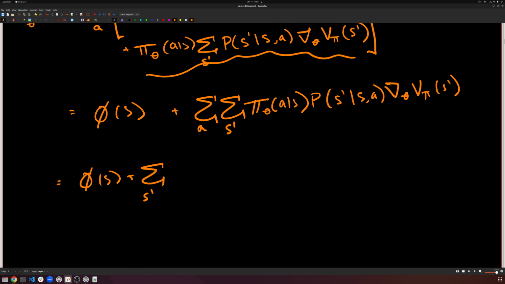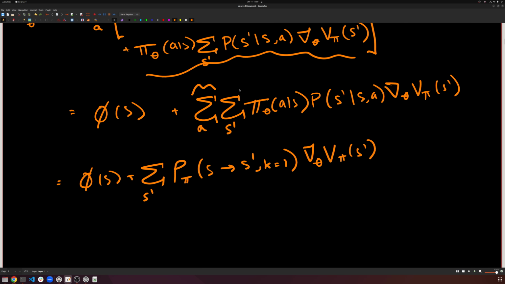And so this can be rewritten as rho pi from s to s prime, and we're going to do it in k equals one step because it's a one-step transition. And of course, we still have the gradient right here. So derivative theta v pi s prime, right? So there we go. That's the simplification.